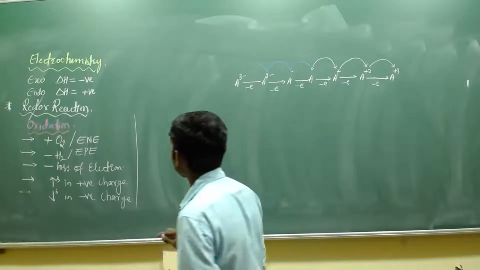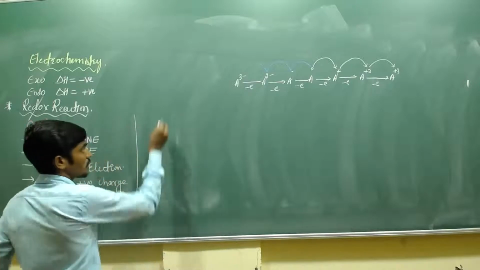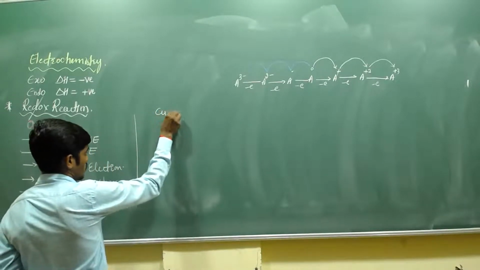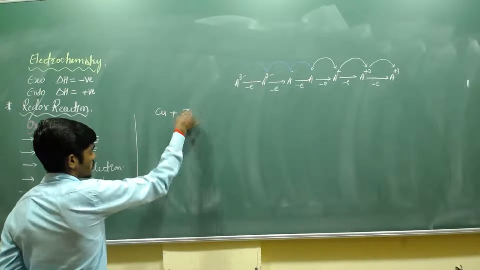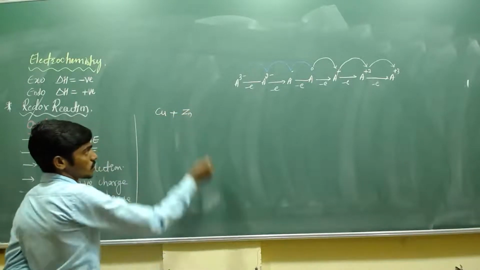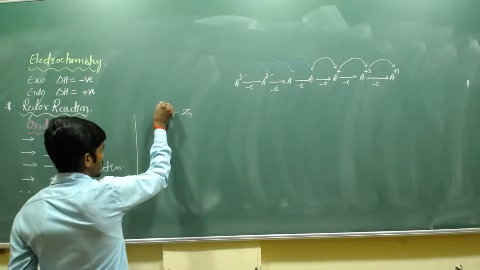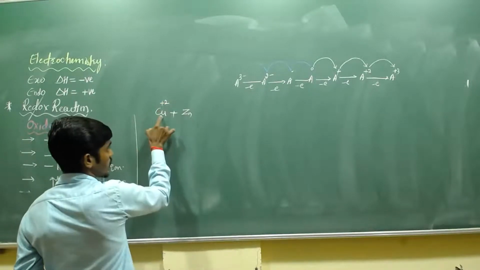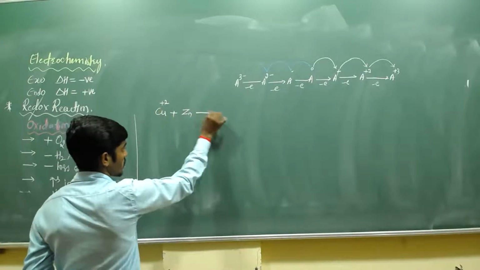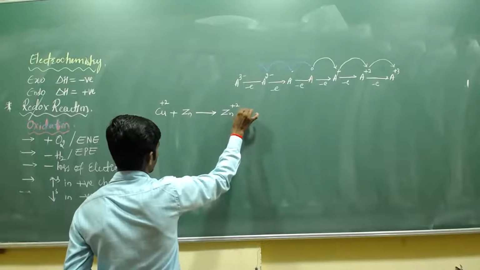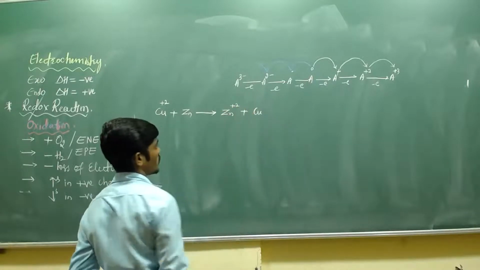First, a simple example. Cu plus Zn, here the charge is not mentioned. So Cu2+ plus zinc gives Zn2+ plus copper.